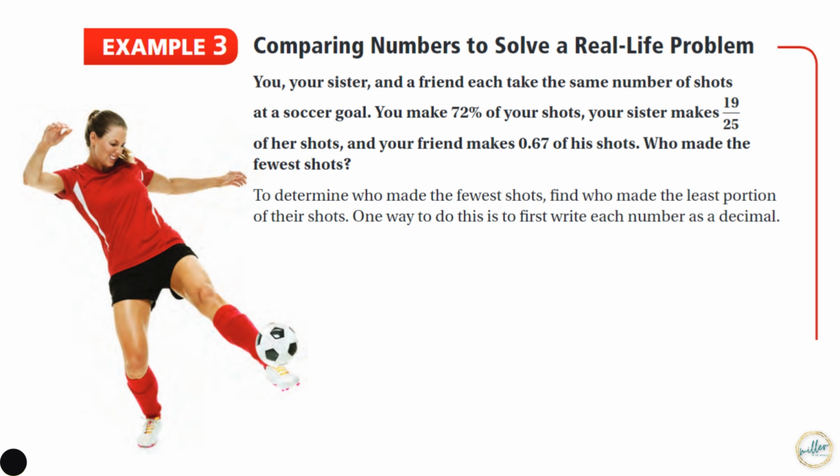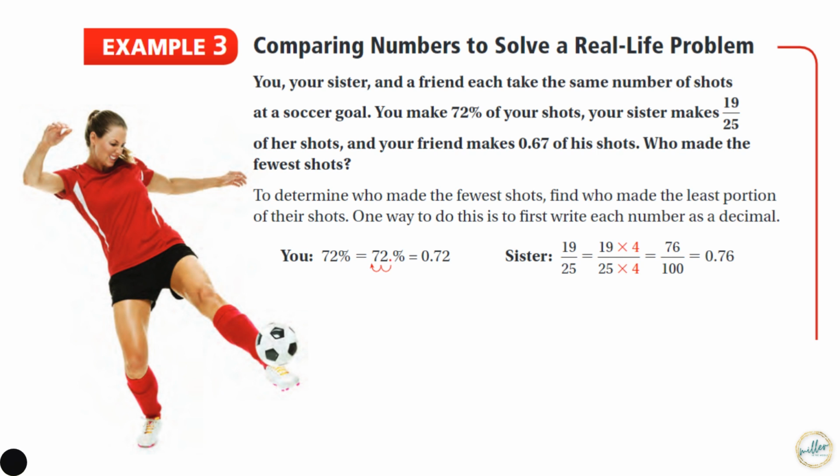To determine who made the fewest shots, find who made the least portion of their shots. One way to do this is to write each number as a decimal. Your percentage was 72%. We can change that to a decimal by moving the decimal point 2 places to the left, or dividing by 100, 0.72. Your sister made 19 out of 25 of her shots.